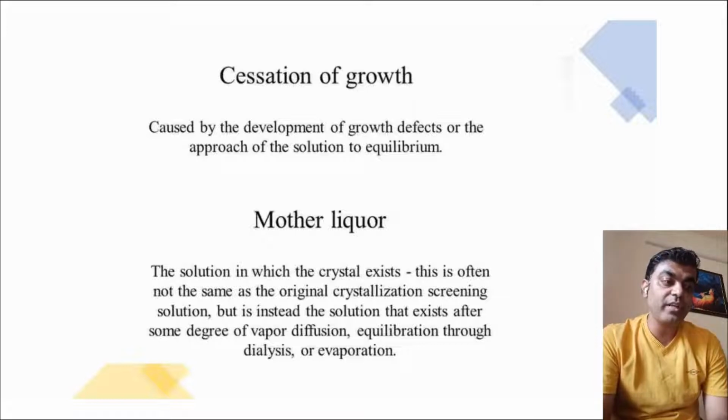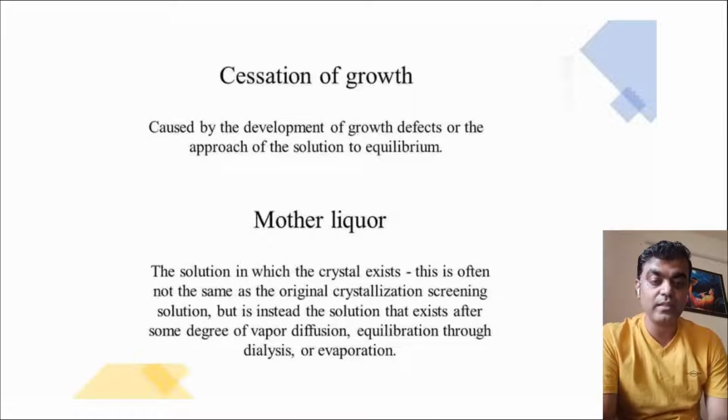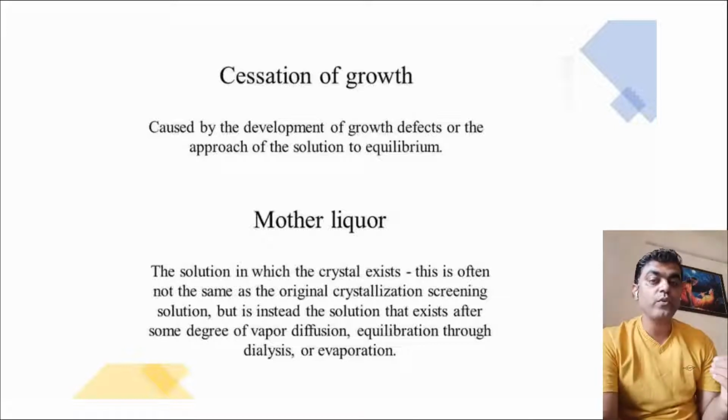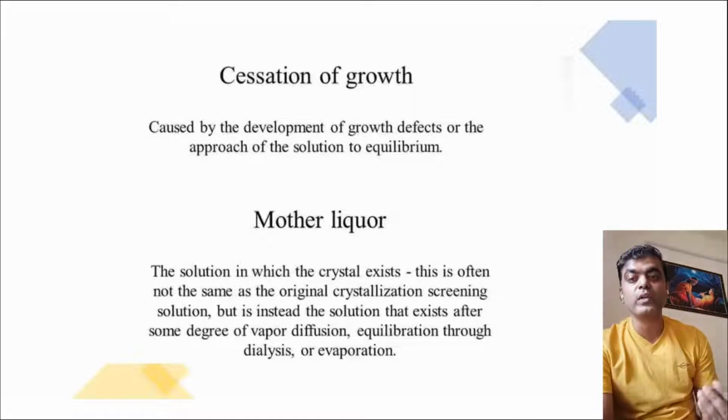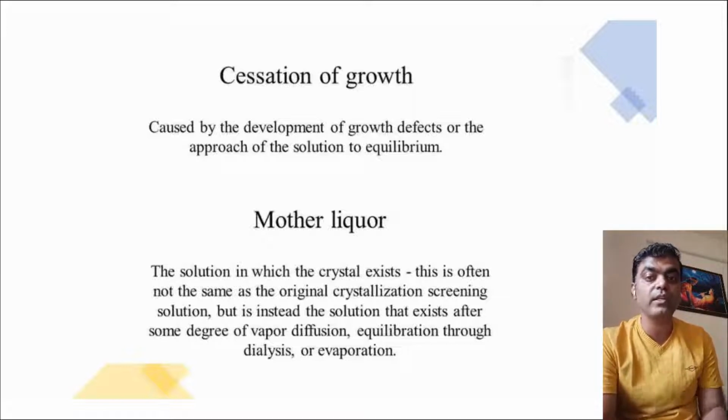The equilibrium through the dialysis or evaporation is not maintained. So as I said, if the equilibrium is not maintained, the growth will stop after a certain initiation, and then the crystal development will not take place. So you have to also see, yes, your nucleation has started, the crystallization process has started, but it should keep growing uniformly and it should not stop in between.